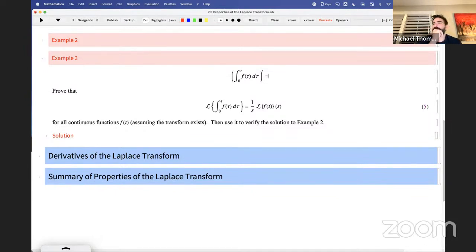Isn't it just f of tau? Actually, it's f of t though, right? Because this right here is actually a function of t. Once you find the antiderivative and plug in the 0 and the t, it'll turn into a function of t. So when you take the derivative of a function of t, you get another function of t.